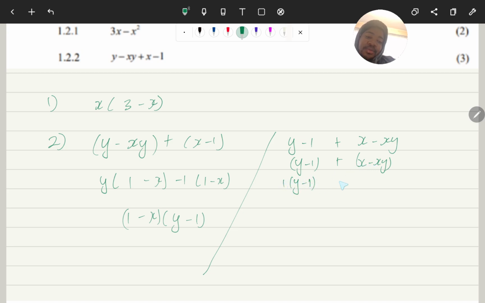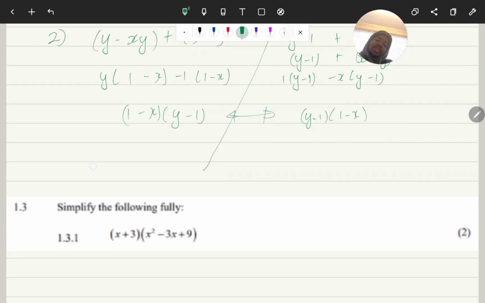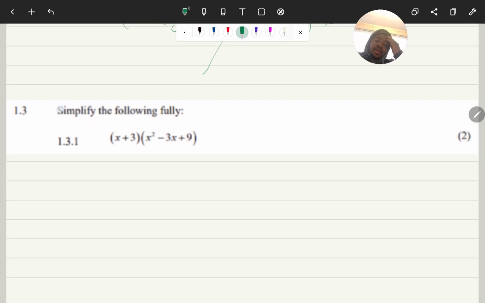We're just going to have 1 plus, let's take out actually minus x here, so that we have y minus 1. Highest common factor y minus 1, and then we are left with 1 minus x, which is exactly what we have here. So yeah, just in case someone uses a different group.